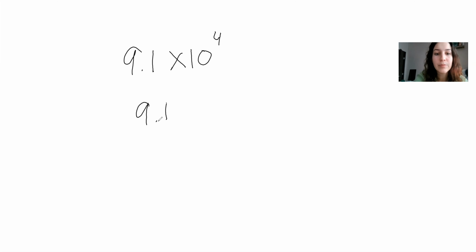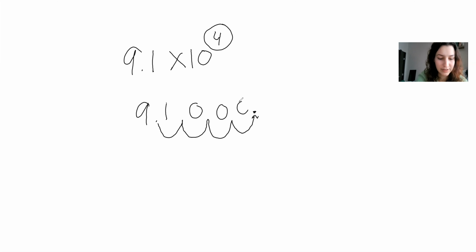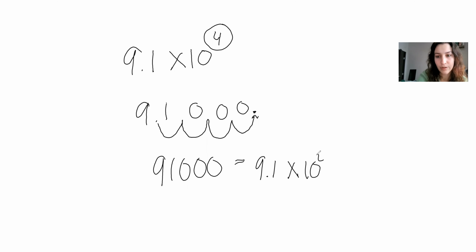Let's move the decimal place over the number of times 10 is raised to. So that's 4 times. So 1, 2, 3, 4. So that's where our new decimal place is, and we just fill this space with zeros. So we get our answer: 91,000 is equal to 9.1 times 10 to the 4th.